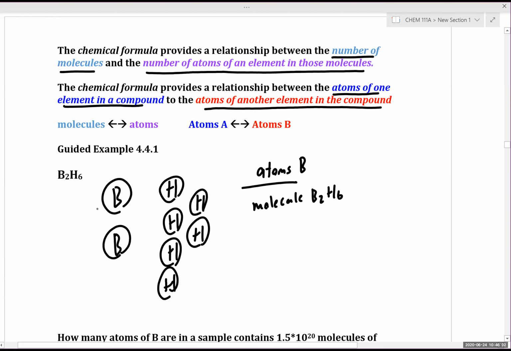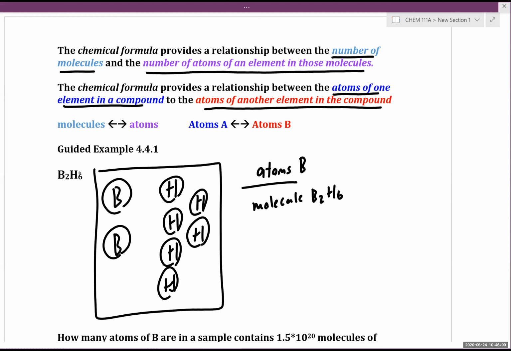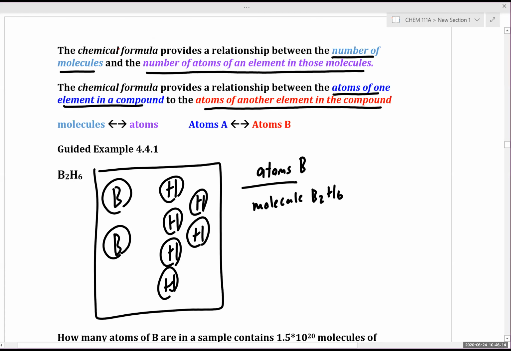So if this entire collection of atoms is one molecule, how many atoms of boron do we have per molecule? How many boron symbols do you see? 2. So we have 2 atoms of boron per 1 molecule of B2H6.